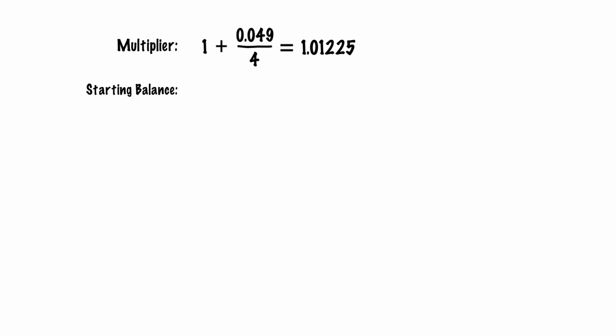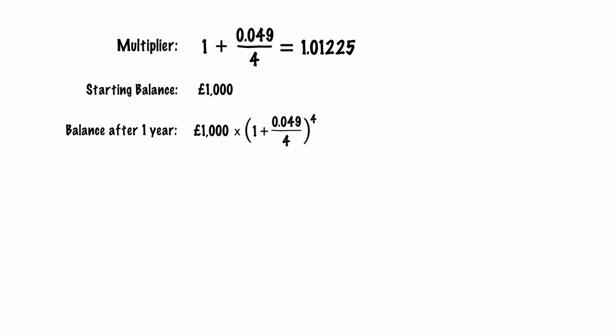Imagine you are investing £1,000. We are going to calculate the balance after 1 year. Now the interest is going to be added every quarter. So using the multiplier to calculate the balance at the end of the year, that will be 1,000 multiplied by the multiplier to the power of 4, the 4 representing the 4 compounding periods over the year.